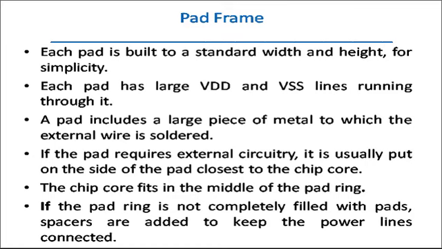Each pad has large VDD and VSS lines running through it. The pad includes a large piece of metal to which the external wires are soldered. This is also one function of the pad. The pad requires external circuitry, usually put on one side of the pad and closest to the chip core. The chip core fits in the middle of the pad ring.